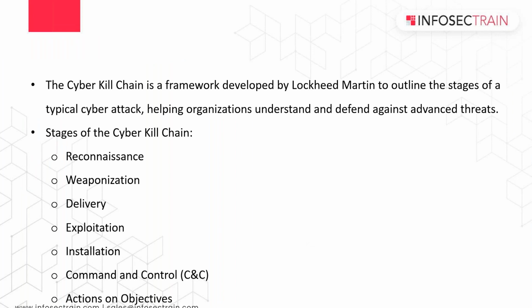Lockheed Martin gave the outline of the cyber kill chain in order to defend against any attack. If there is any attack happening, let's understand what the pattern of this attack is. So Lockheed Martin has given certain stages of the cyber kill chain. Okay, now what are those stages? Reconnaissance, weaponization, delivery, exploitation, installation, command and control, action on objective. These are your 7 stages to perform an attack or to defend from any attack.